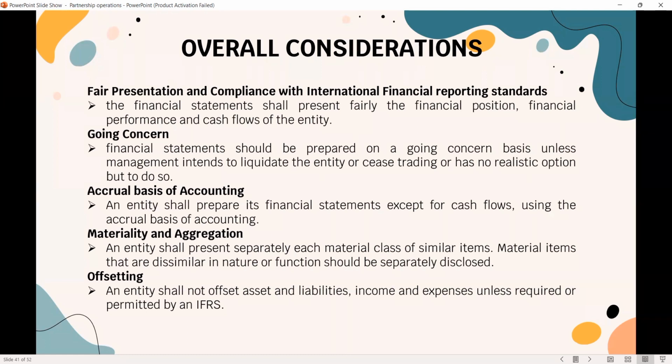So the next one is going concern. Going concern: financial statements should be prepared on a going concern basis unless management intends to liquidate the entity or cease trading or has no realistic option but to do so.